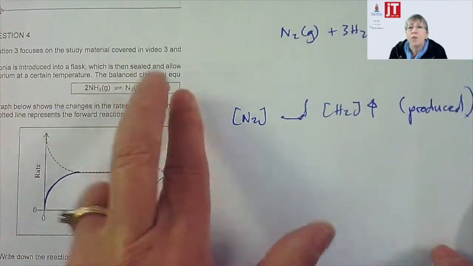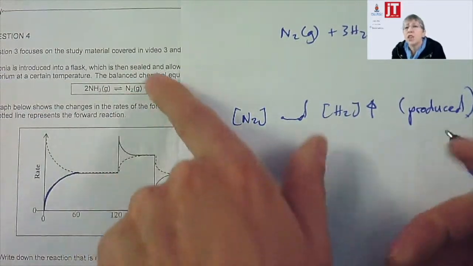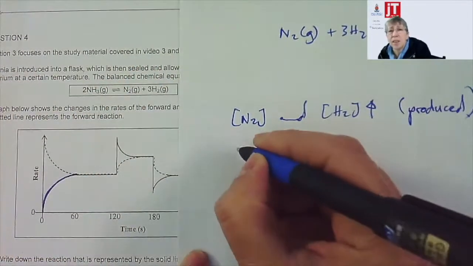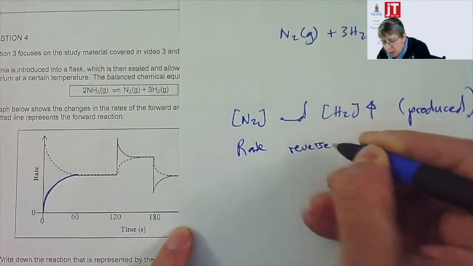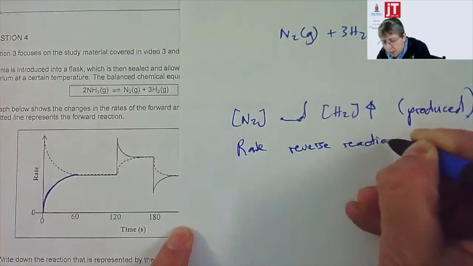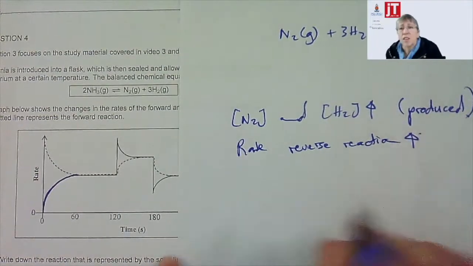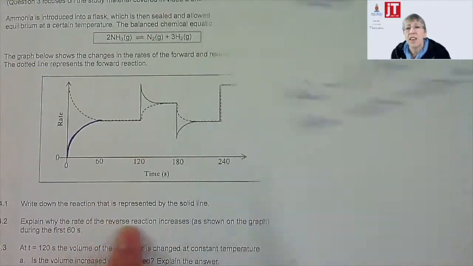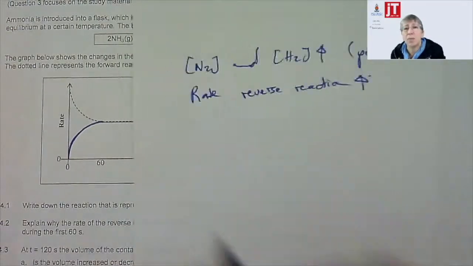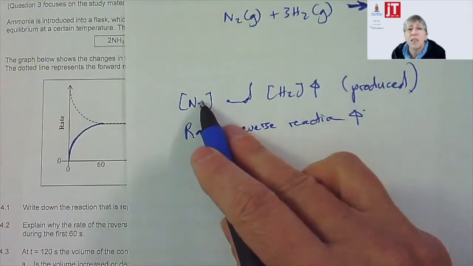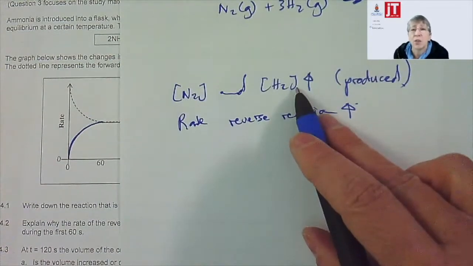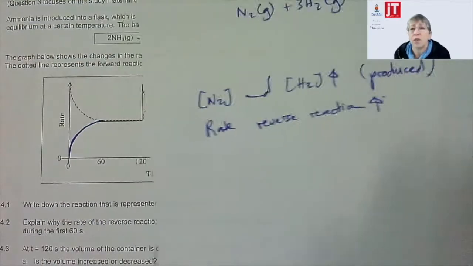Therefore, if you've got more of them, you've got more collisions that can happen, and that means the rate of the reverse reaction is increased. Right. So they're asking, why is it increasing? And you have to explain. It is because the forward reaction that is happening faster is increasing the N2 and the H2. And therefore, the rate of the reverse reaction will increase.